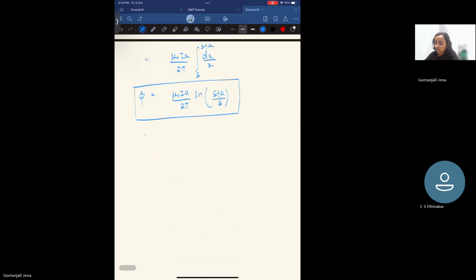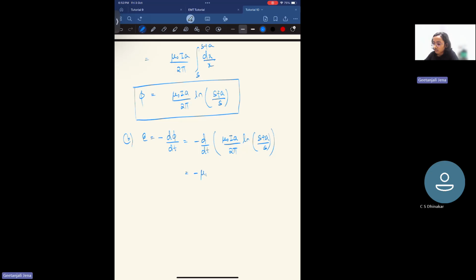So induced EMF is minus d phi by dt, which is d by dt of mu naught I a by 2 pi ln of s plus a by s.